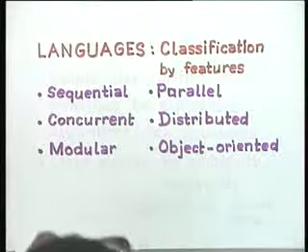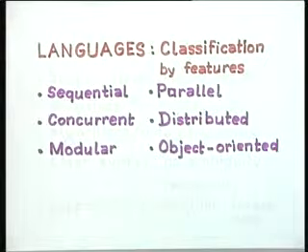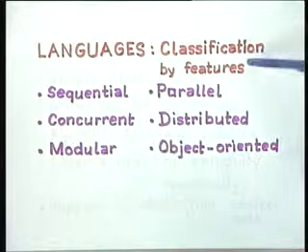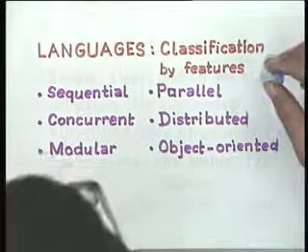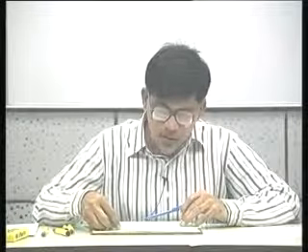You could also classify languages by features, in the sense of what is the most glaring feature in the language. Well, a large part of our languages are really what might be called sequential languages. Yeah.